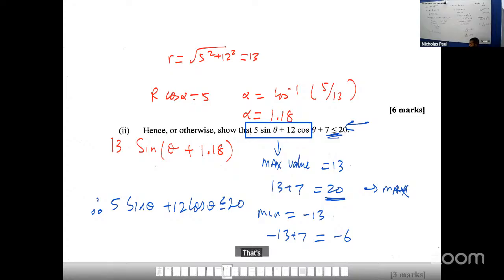That's okay? And the reason is because its maximum value is 20 and minimum value is minus 6. Sorry, I left out plus 7.